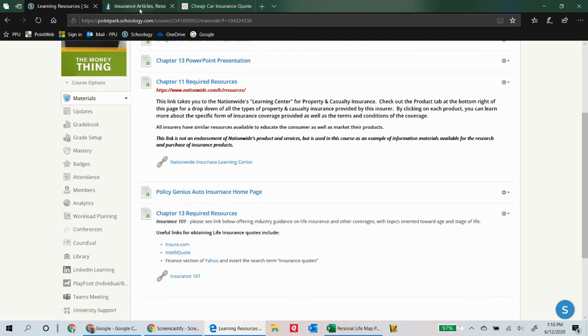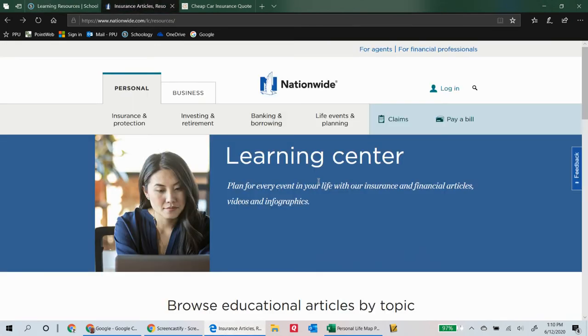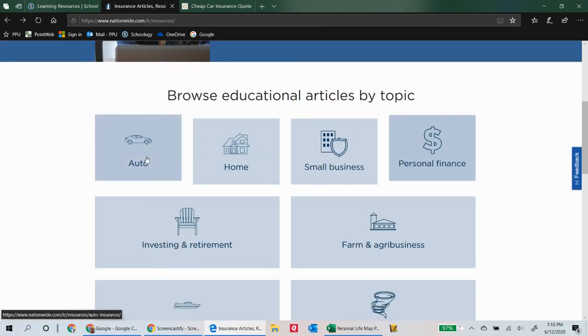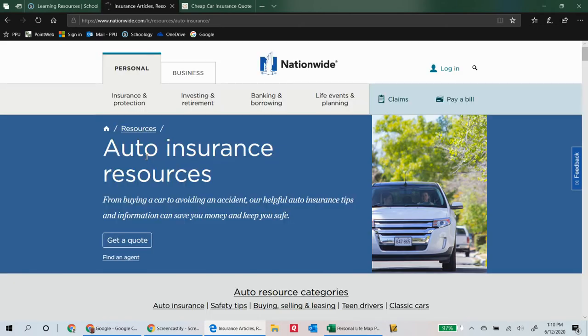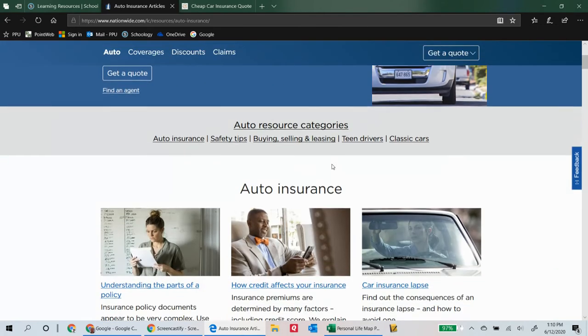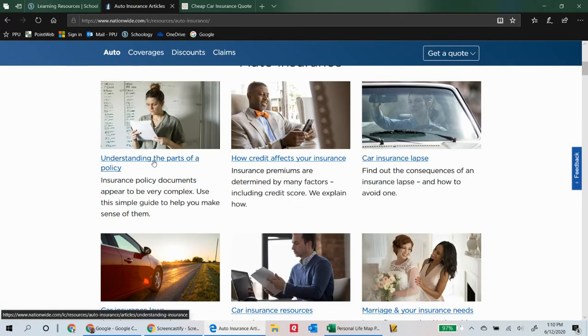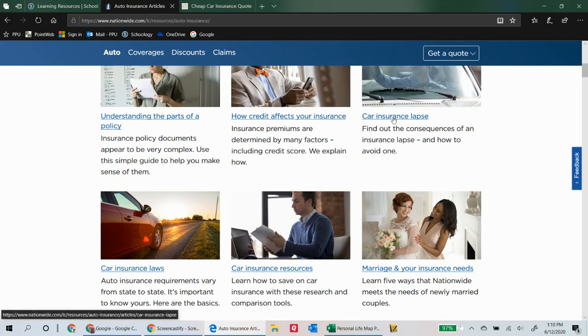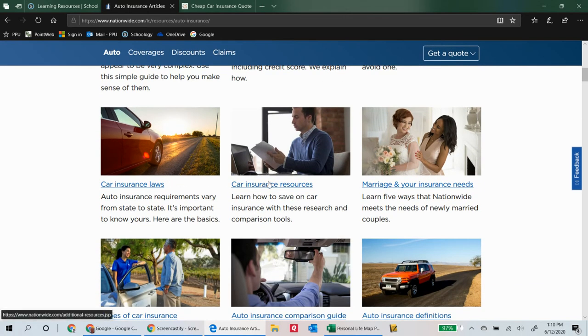So if we take a look at the learning resources for Nationwide, this gives you information about all types of insurance. You come down here and say, I want to look at auto insurance. It's going to take you to the auto insurance resources and lots of good information. How to understand the parts of your policy, how your credit affects your policy, and a bunch of other stuff.